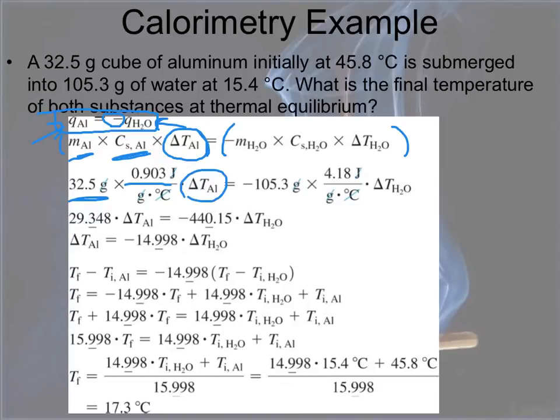The mass of the water, don't forget you have to put a negative sign on one of these sides, is 105.3 grams. The specific heat capacity of water is 4.18. Again, we don't know changes in temperature, so we're going to leave that ΔT. If you simplify this, using a little bit of addition, subtraction, and now more dividing, and combine the like terms, you are going to get something that looks like this.